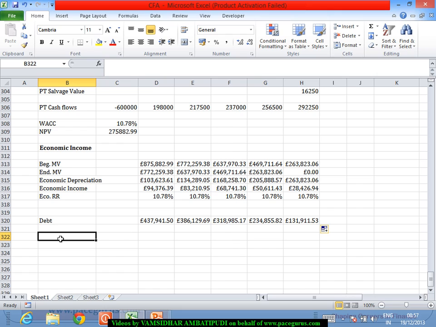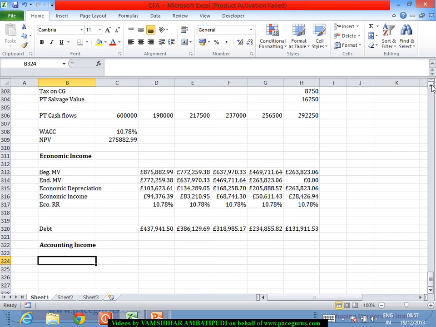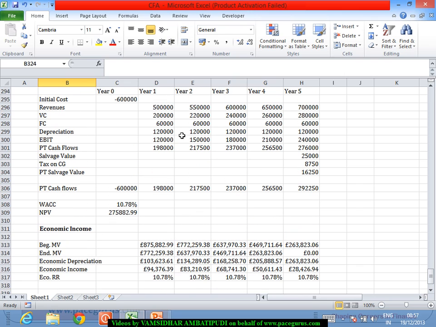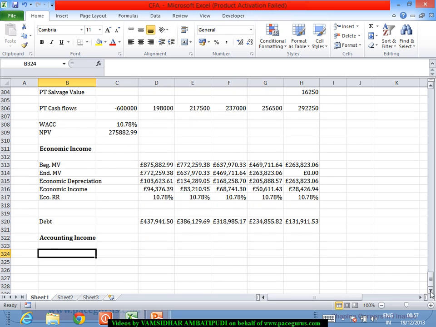When I go with the accounting income, until the EBIT I will keep it the same and pull it from there itself. From the EBIT we subtract the interest.